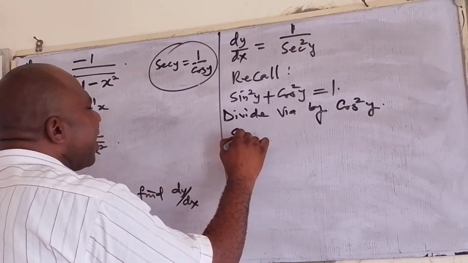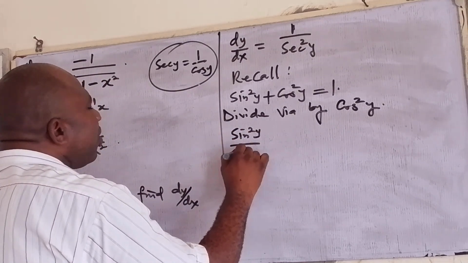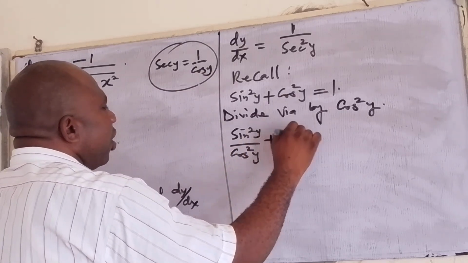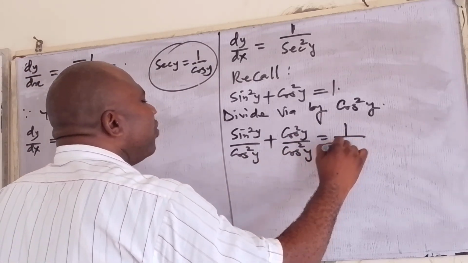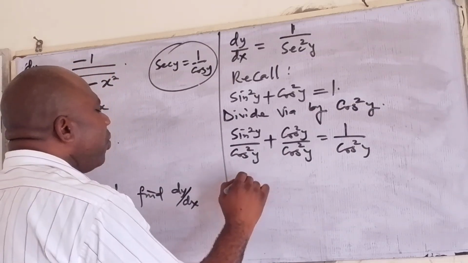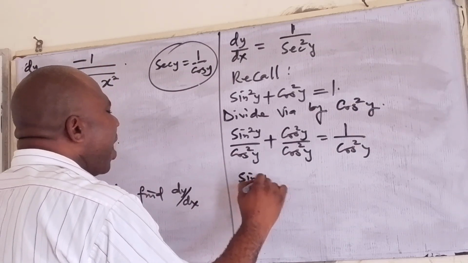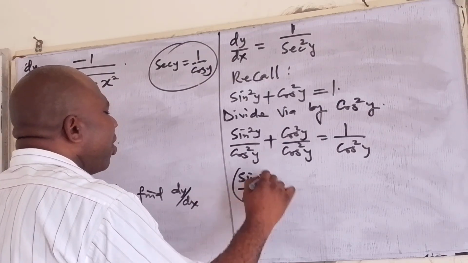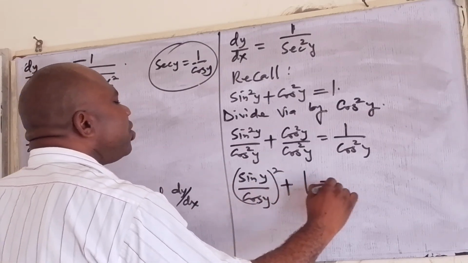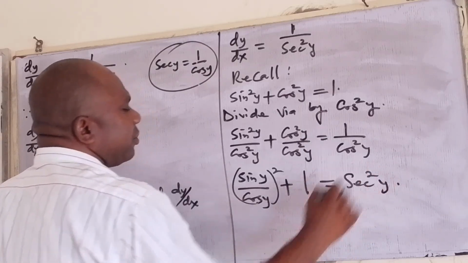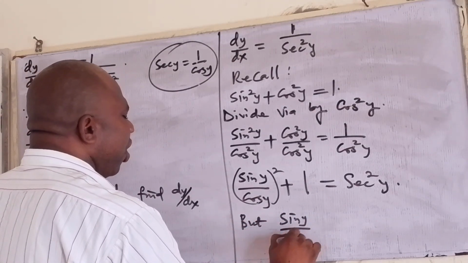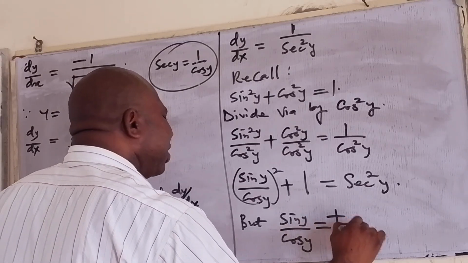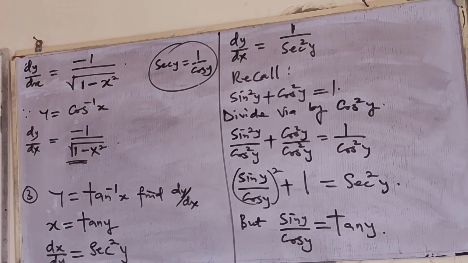So it means here we have sine square y all over cos square y plus cos square y all over cos square y is equal to 1 all over cos square y. So now here we have sine y all over cos y all squared plus 1 is equal to sec squared y. But sine y all over cos y is equal to tan y.